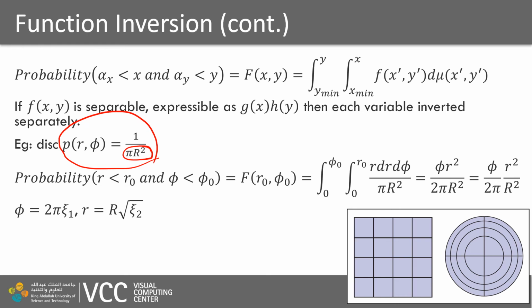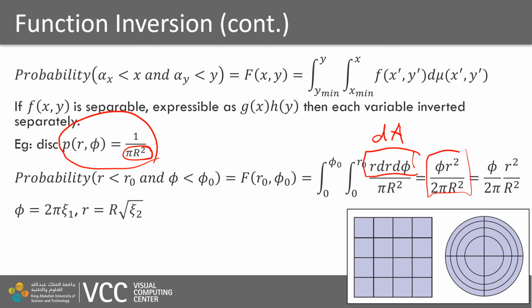with a dA, so differential measure of the area, which is equal to, in polar coordinates, r dr d phi. And if we are now integrating it, this will be the result of our integration.